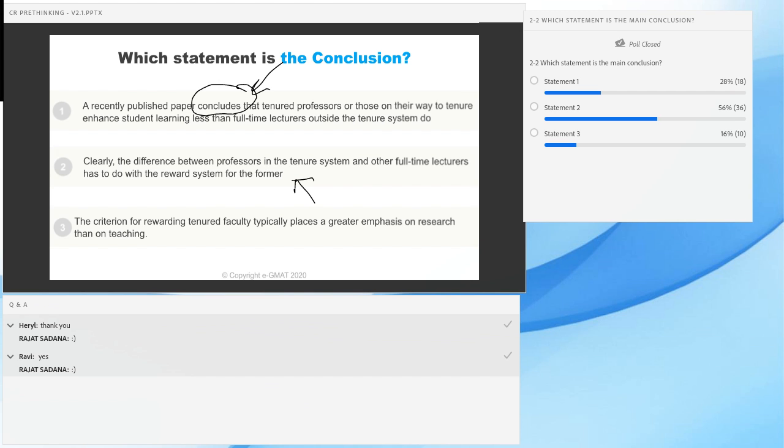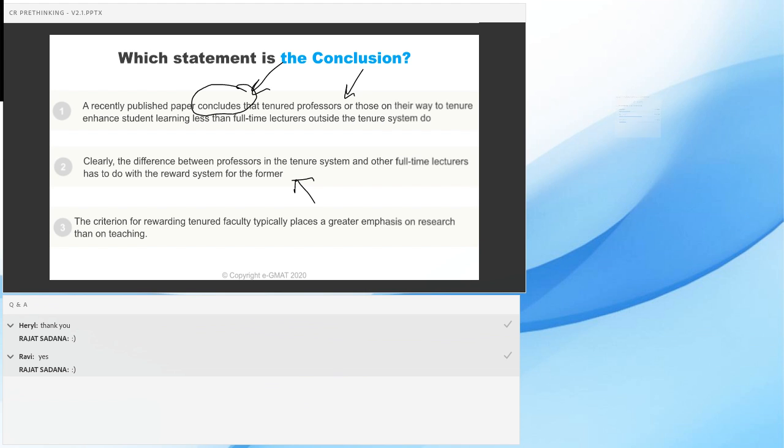Statement number one states a conclusion which is not by the author, it is by the research paper. Again, remember, the conclusion in an argument is always by the author of the argument. Statement number one is a fact. The author actually agrees with the information provided by statement number one, which is why he's trying to justify why statement number one happened, and which is where his conclusion comes in.